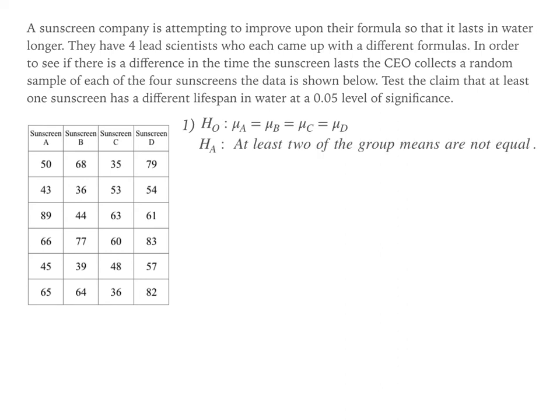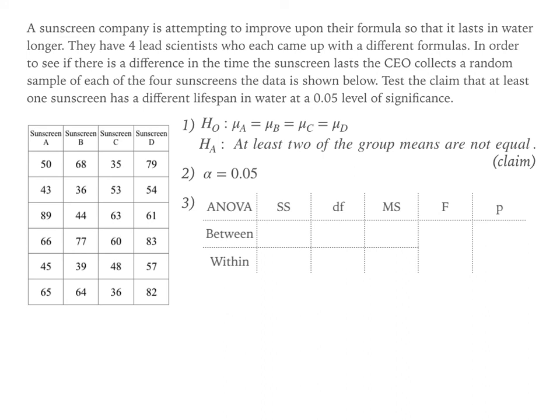Then we'll write our hypotheses. Our claim is that at least one of them is different. So our claim is the alternative hypothesis. We state our level of significance, and then we fill in a complete ANOVA table. Now your calculator uses a few different words. It uses factor, where we use between.